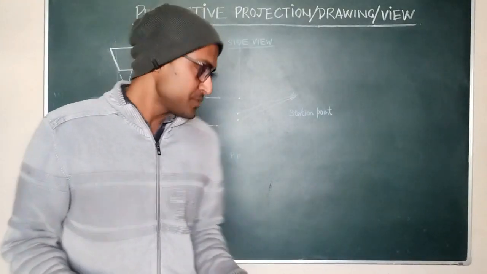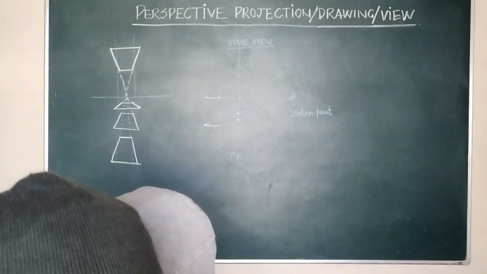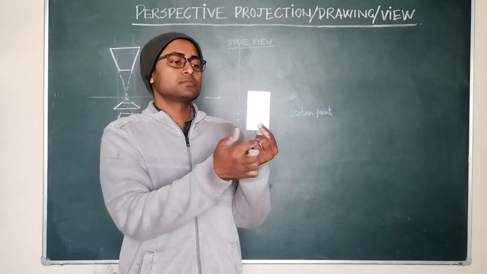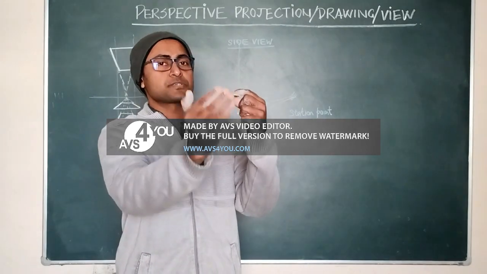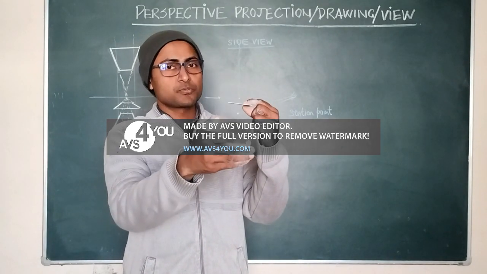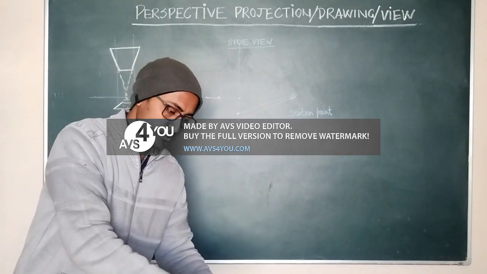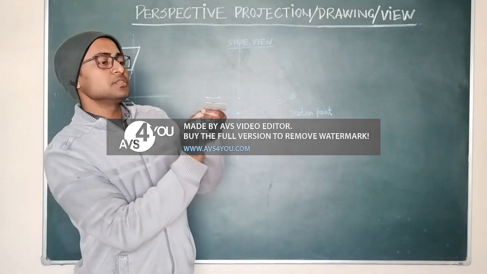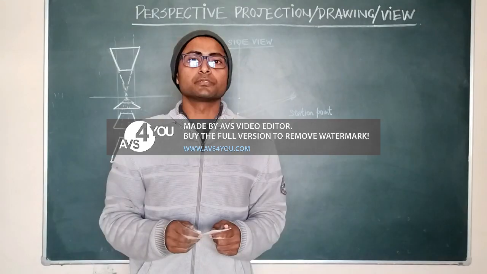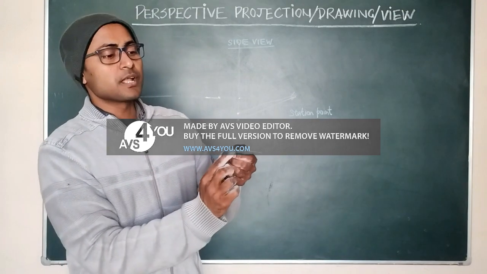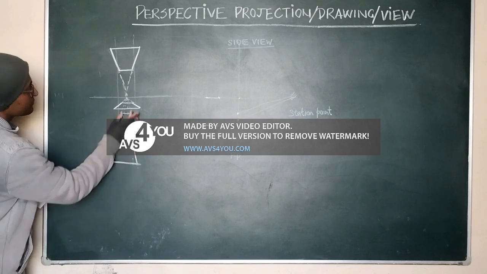Now what is important here is, if you observe carefully, in the first case all lines were parallel to the picture plane. In the second case, these lines were parallel to the picture plane, but these lines were perpendicular to the picture plane. In the third case, when I put my object somewhere here below the horizontal plane, again these lines were parallel to the picture plane, but these lines were perpendicular to the picture plane. So now we understood that the lines which are perpendicular to the picture plane all merge at the center of vision.